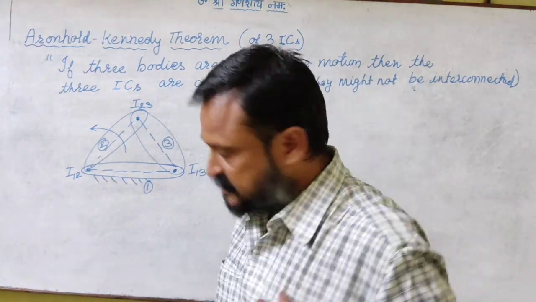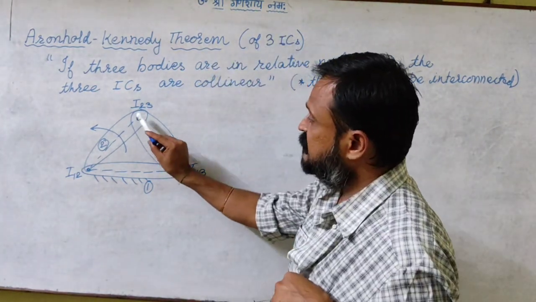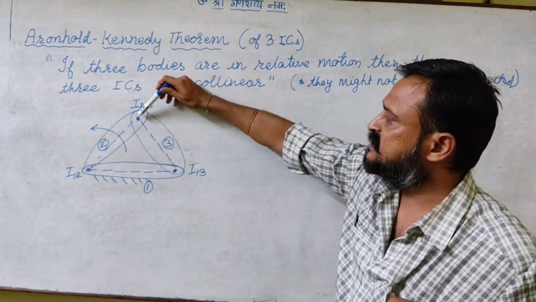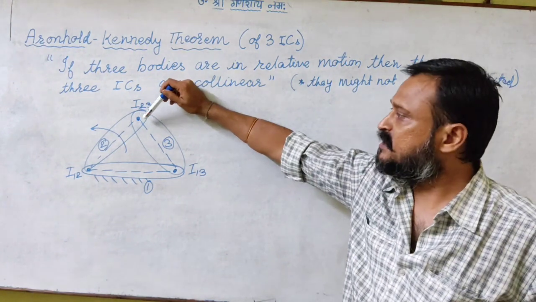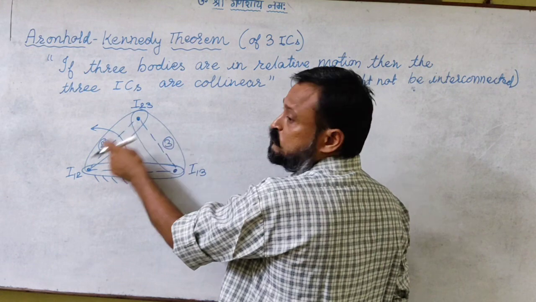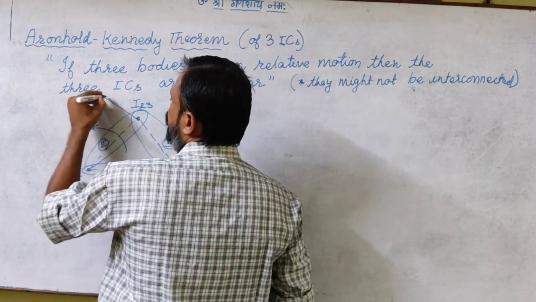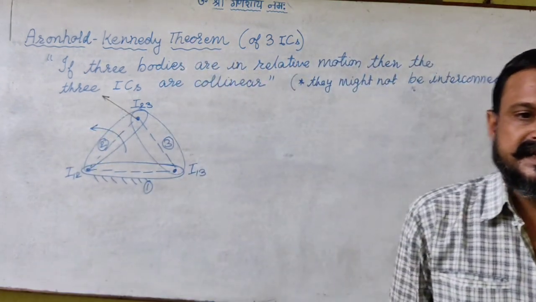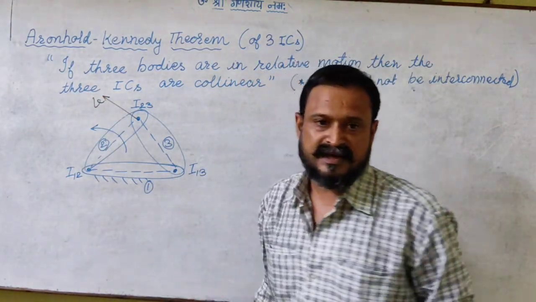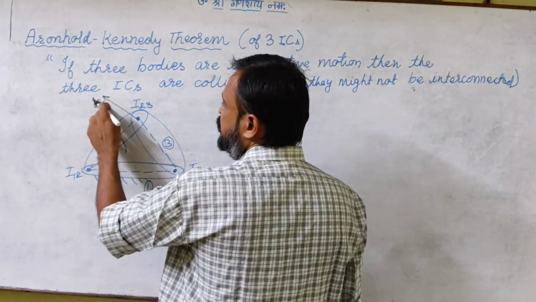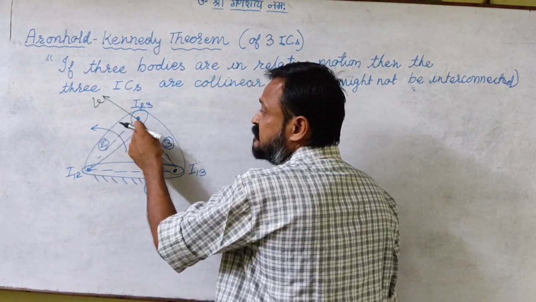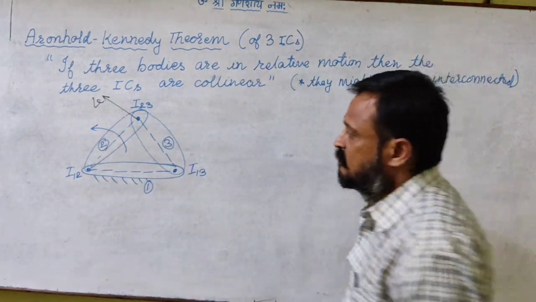So whatever the situation, if it is rotating, the instantaneous velocity of I23 will be perpendicular to the I21, I23 line. So this will be the instantaneous velocity for link 2 when I consider this point on link number 2.